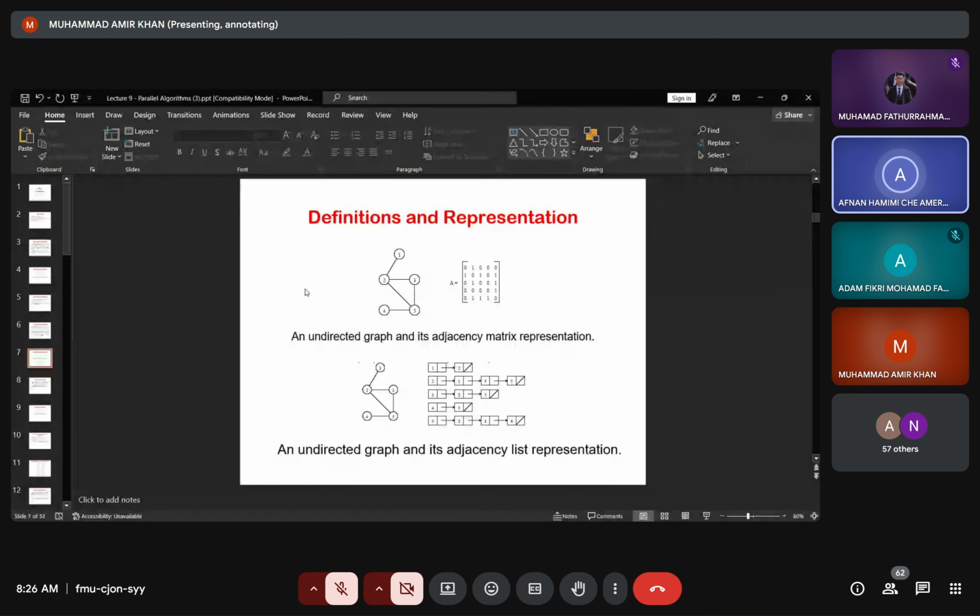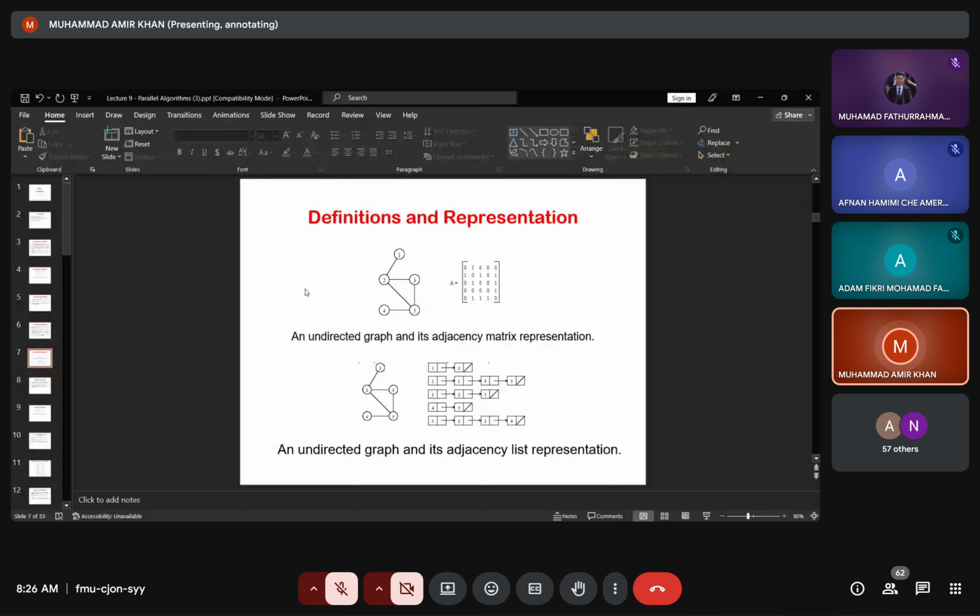For the second node, it is connected to the first node and the third and fifth node. The third node is connected to the second and the fifth node. The fourth node is only connected to the fifth, and the fifth node is connected to the second, third, and fourth node.